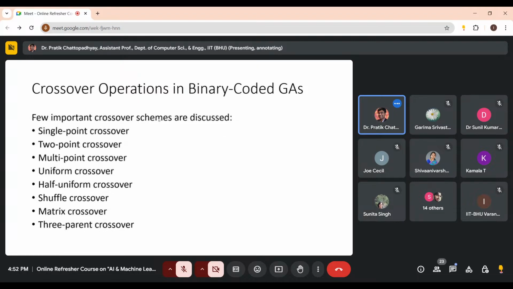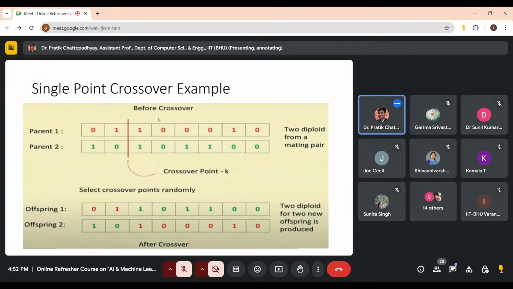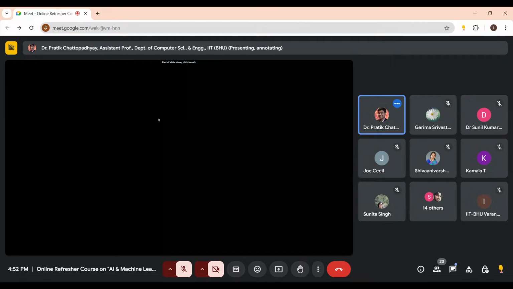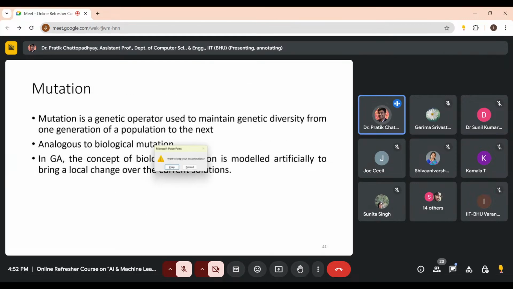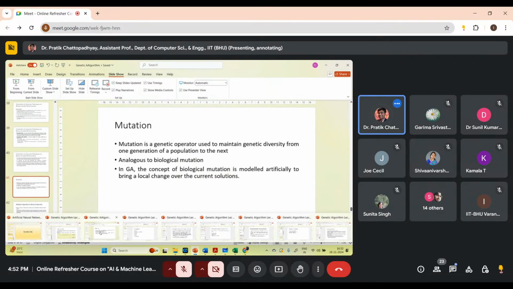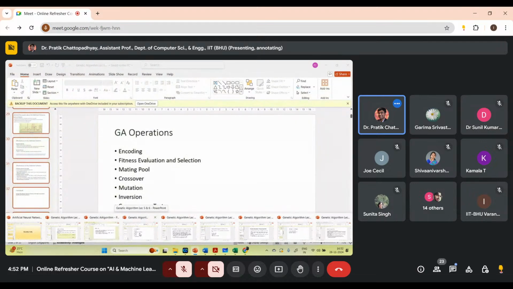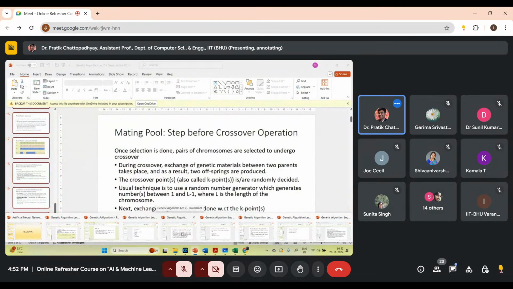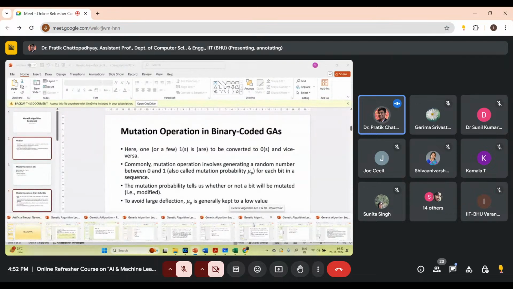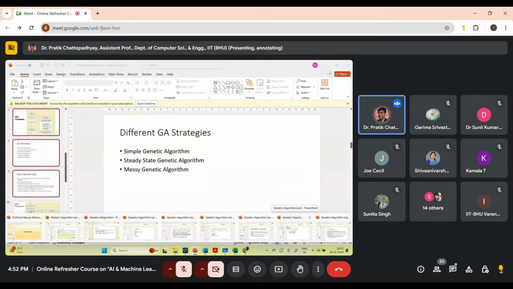I have probably missed some slides, but I am discussing. I will put it later. Basically, I have a lot of slides. I tried to pick up the important ones.